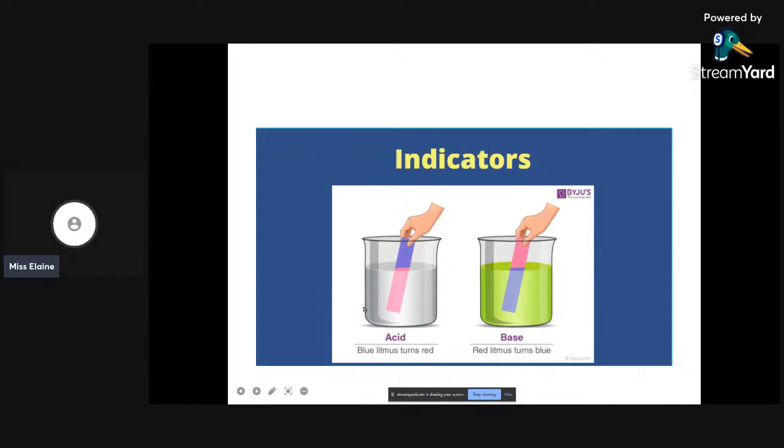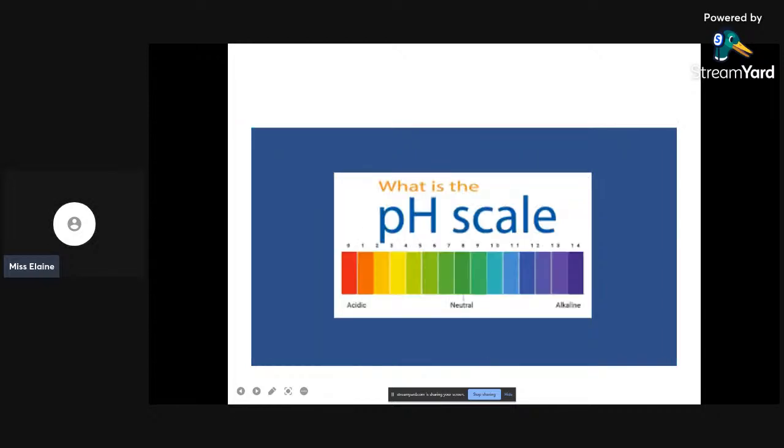The main use of litmus is to test whether a solution is acidic or basic. When blue litmus turns red, it means acid. Always remember that: acid, red. While for a base, red litmus turns blue.